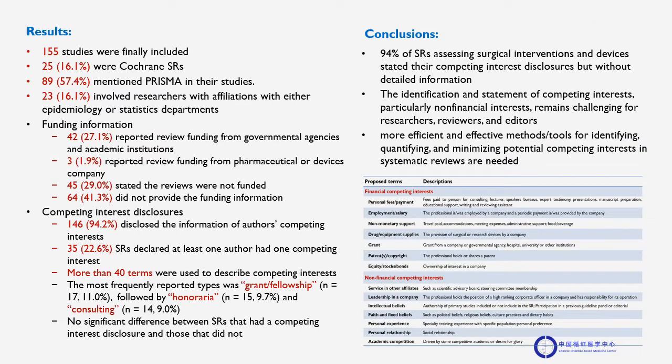A total of 6,256 systematic reviews were identified from PubMed. 155 were finally included. Among the 155 studies, 25 were Cochrane systematic reviews, and more than half mentioned plasma in their studies. 23 involved researchers affiliated with either epidemiology or statistics departments.